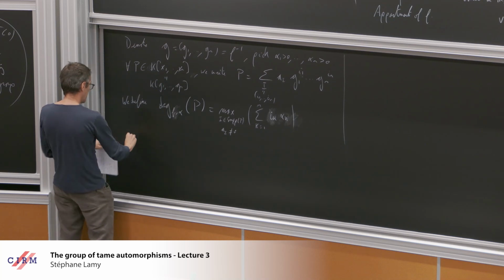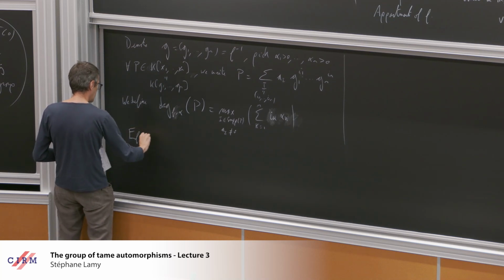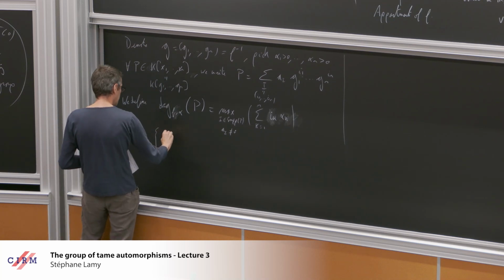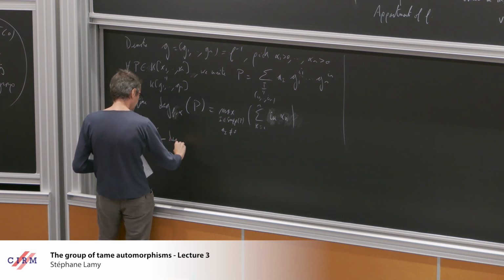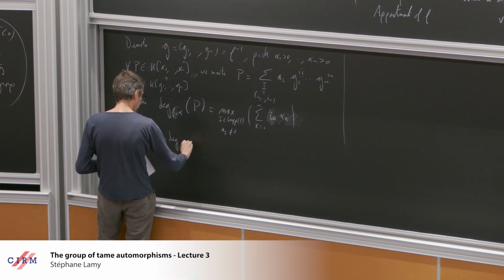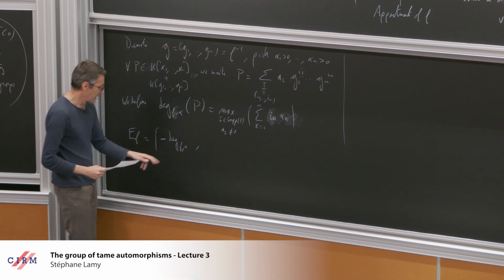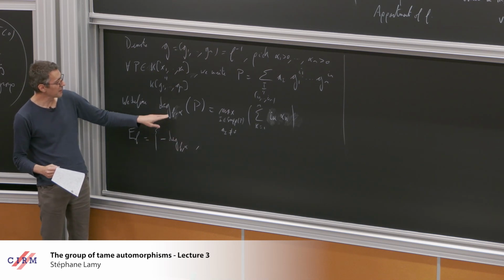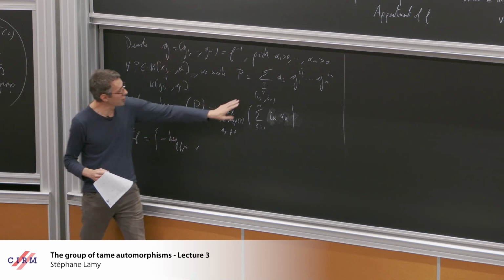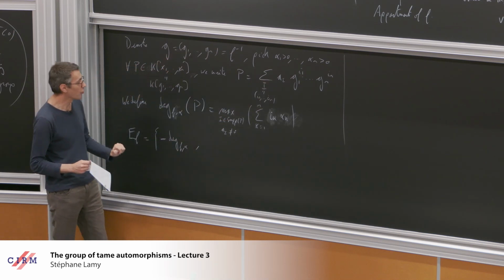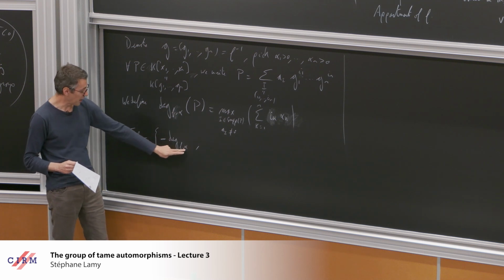So my E_f is the space of minus this weighted degree. F is fixed, so the inverse is fixed. So the g_i, I always use the g_i, and I vary the alpha.